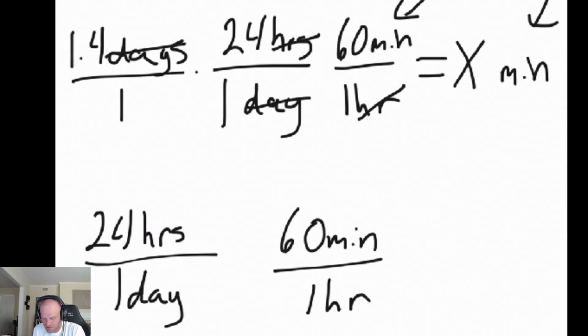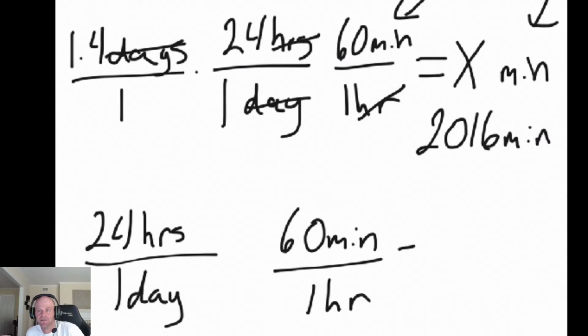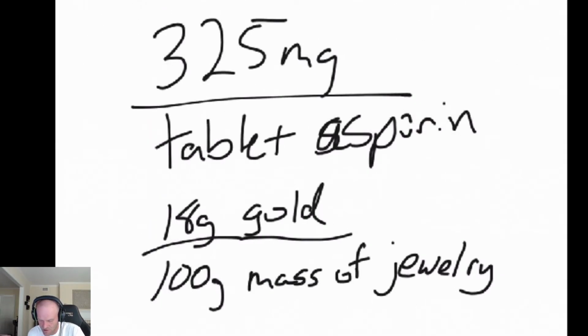I got a calculator here. 1.4 times 24 times 60 equals 2016 minutes. 2016 minutes in 1.4 days. Okay? And then I'd rewrite all of this. 1.4 days equals 2016 minutes.